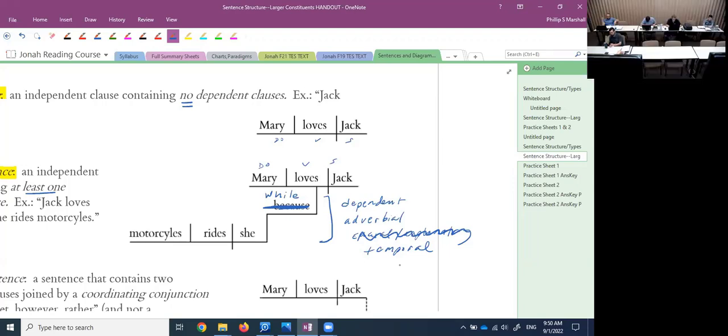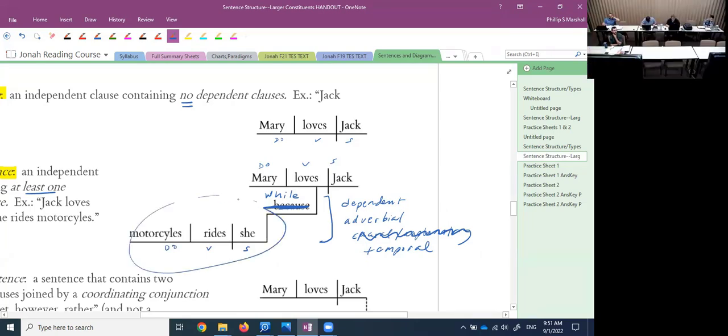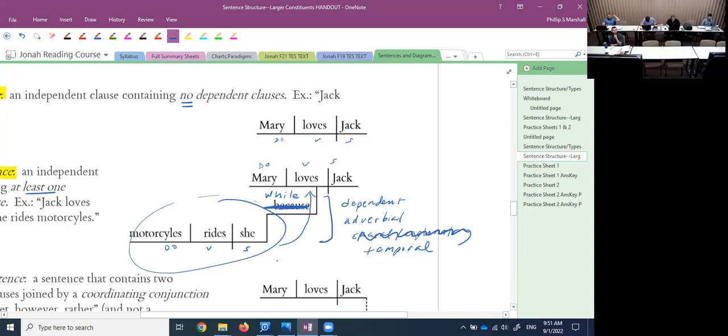So you would then label, if you were to get down to the actual word usage, while or because is your conjunction, and then you would have she as the subject, ride as a verb, motorcycles as a direct object. So it turns out that the dependent clause and the main clause both happen to have the same structure, right? But this clause is simply an embedded part of the other clause. Okay. Thank you.